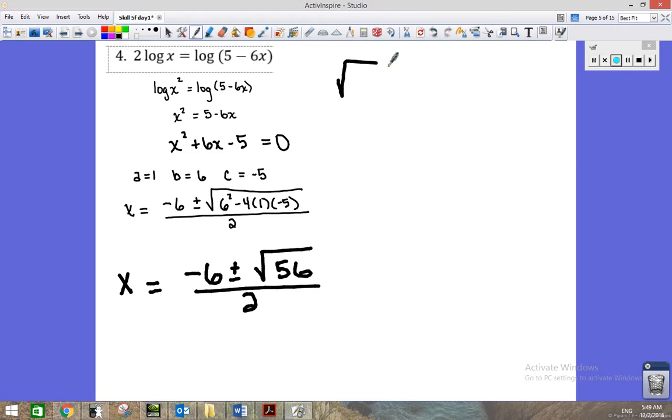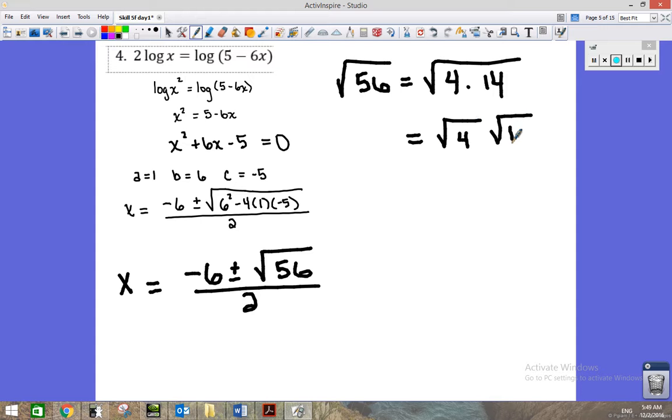So we know that we can take 56 and write it as 4 times 14. We know properties of square roots that you can separate that product, where the square root of 4 I know is 2, but the square root of 14 I can't simplify any further. So I know that the square root of 56 is equivalent to 2 radical 14.